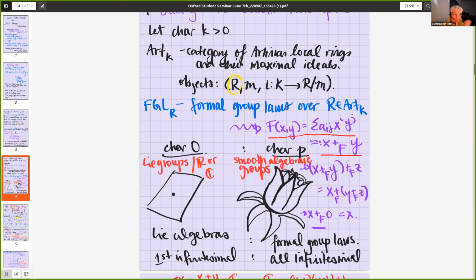We can ask for it to satisfy, for example, associativity. That is, if you first look at the power series in two variables and then look at that as the first variable of the power series with another variable, then this is the same as doing it alternatively.